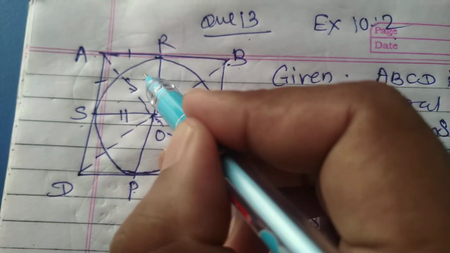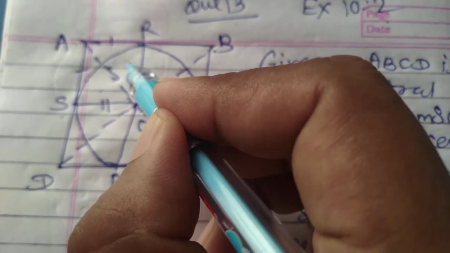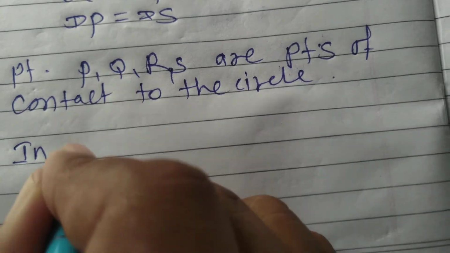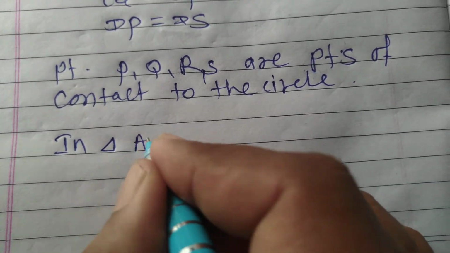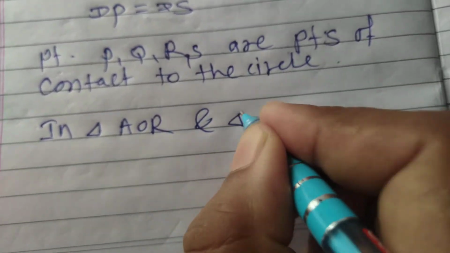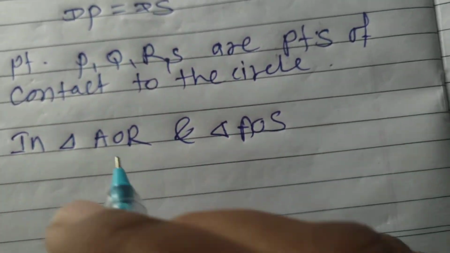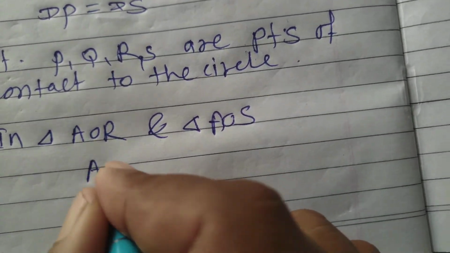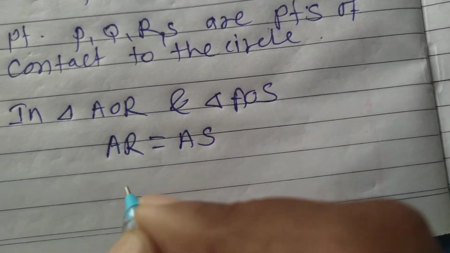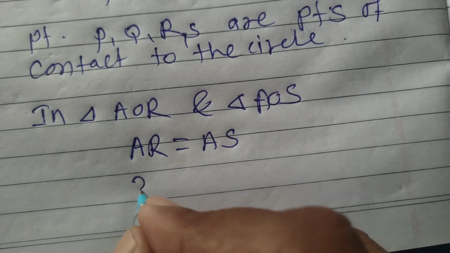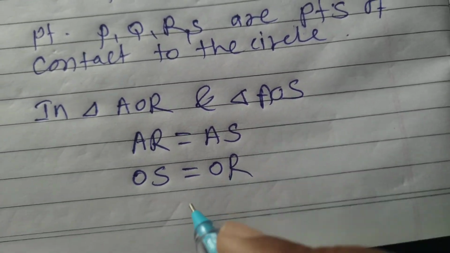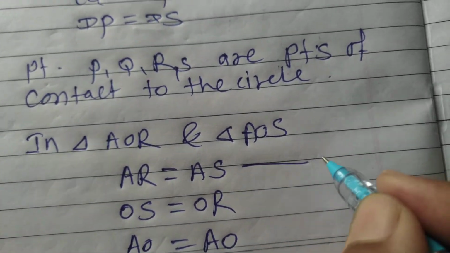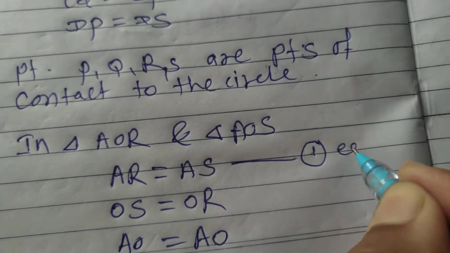Means these two triangles are congruent by SSS criteria. Write down that. In triangle AOR and triangle AOS, AR equals AS, OS equals OR, and AO equals AO.